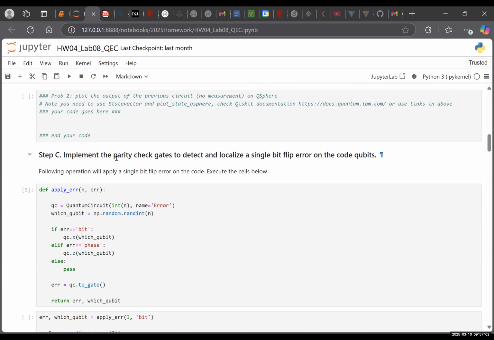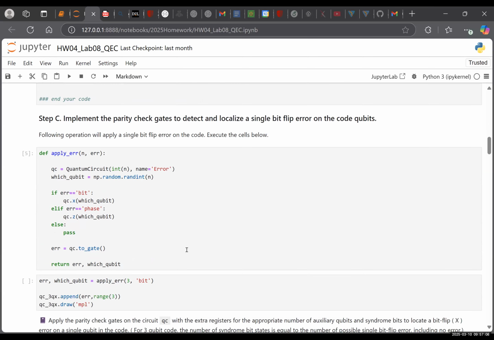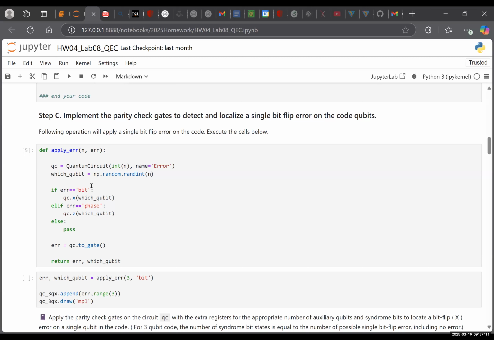So implement the parity check to detect and localize the single bit flip. So here is just a function to apply the bit flip.